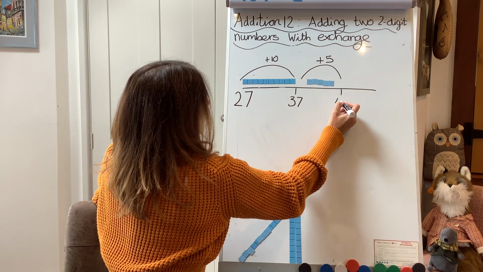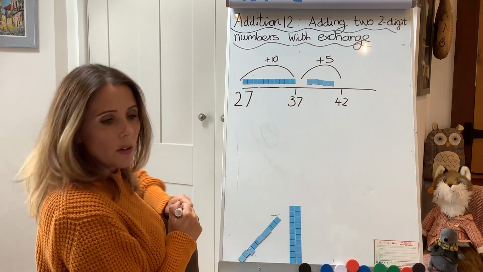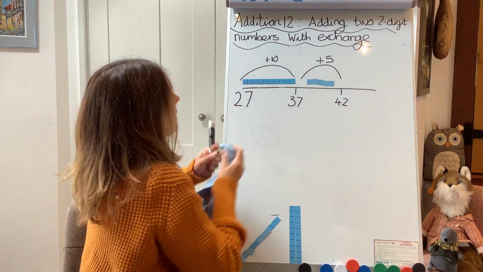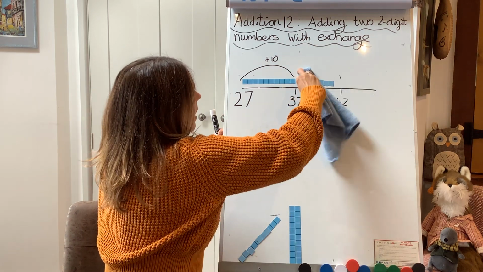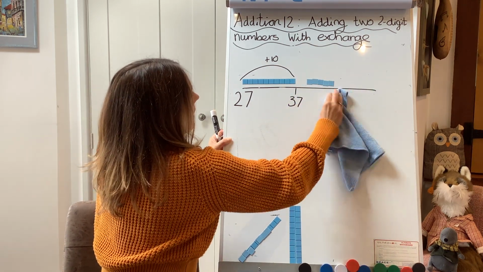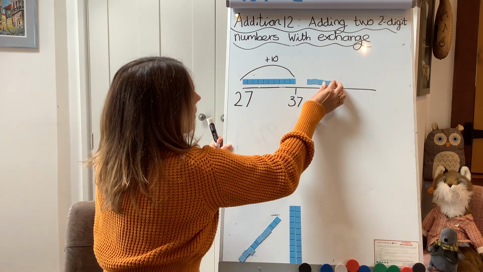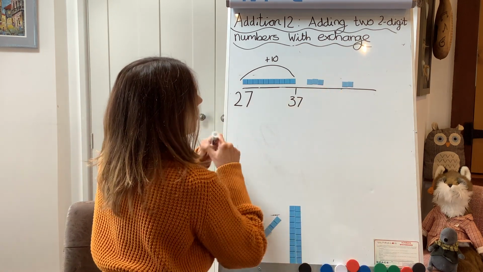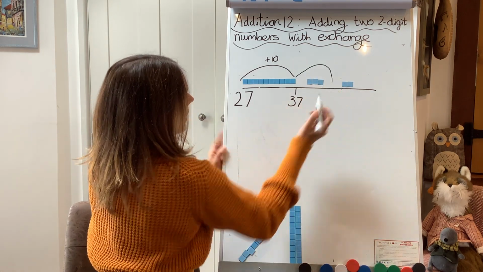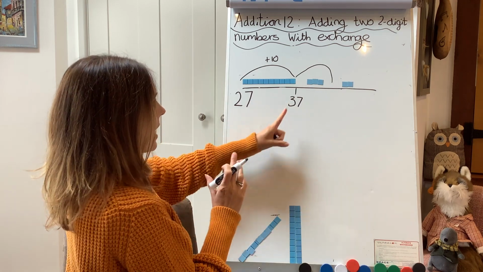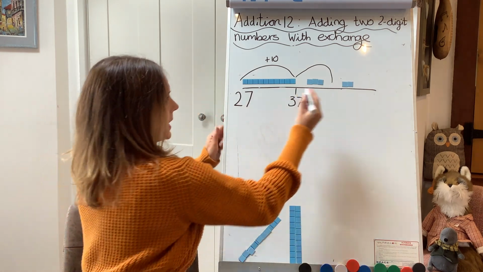Takes us to 42. Another way of doing that is to add on your 10, but partition the 5 into 3 and 2. So we go from 37, because I know that 3 and 7 is going to take me up to the 40.